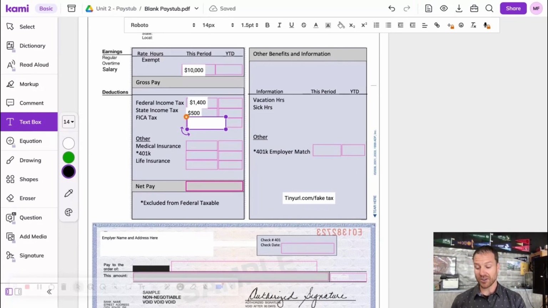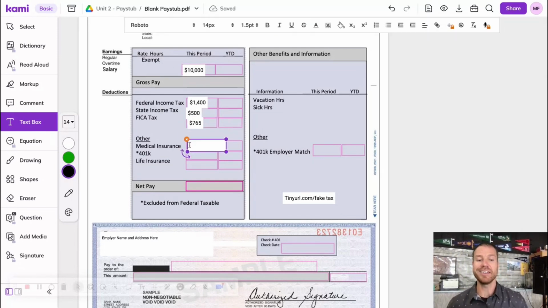Using my trusty calculator, I'm going to take $10,000 and multiply that by 0.0765, which leaves me with $765, which is what I would pay in Social Security and Medicare.